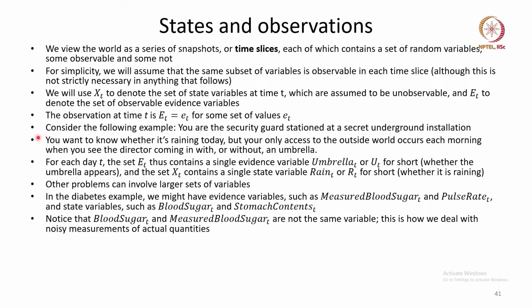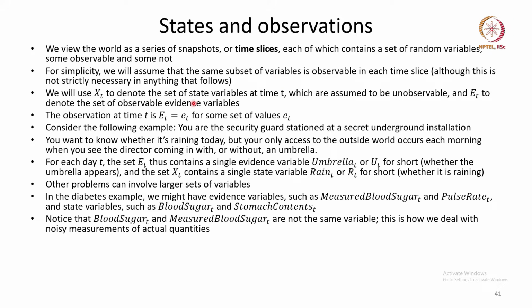So what we do basically is view the world as a series of snapshots, or time slices. At regular intervals of time, you do the same process again. You'll have a set of random variables, some observable, some not, and then you need to find the probabilities, etc. So what we do here is assume we have the same subset of variables at every time slice, right?